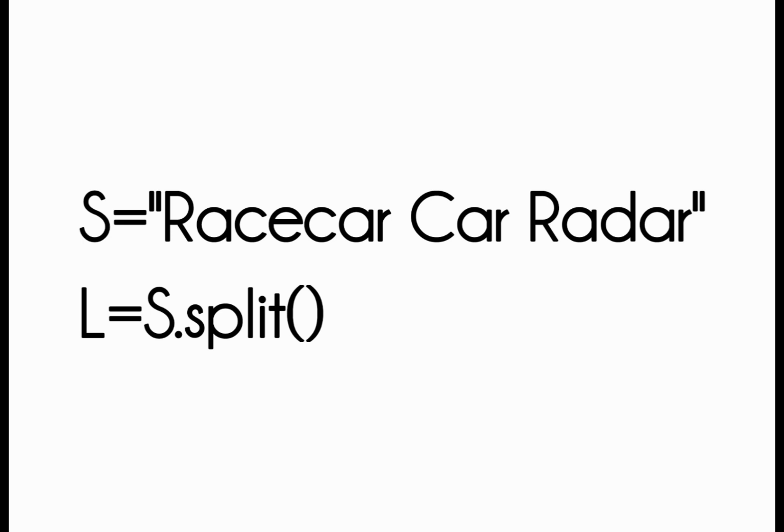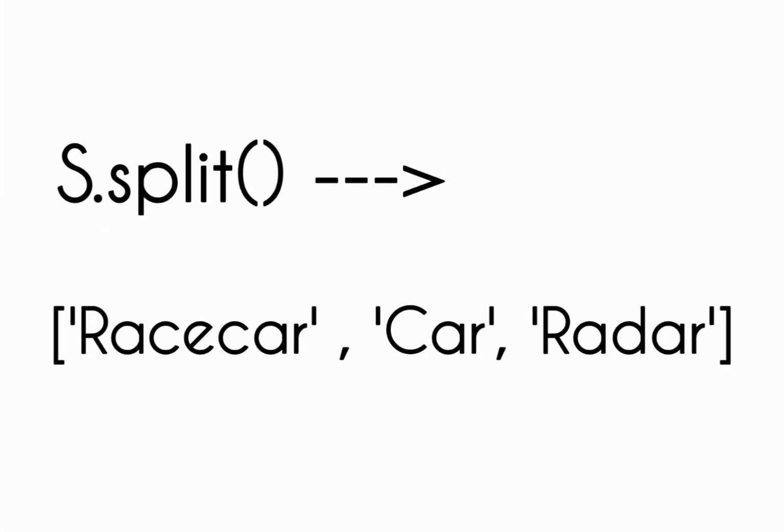So here we will use the spaces between race, car and radar to divide this string. So the split function will work, and it will divide the string which is stored inside the variable s. And s dot split will give us a list which will contain three elements: race, car, and radar.